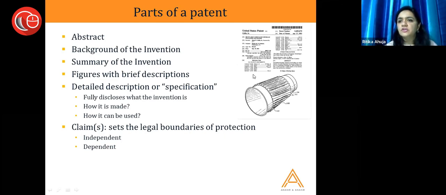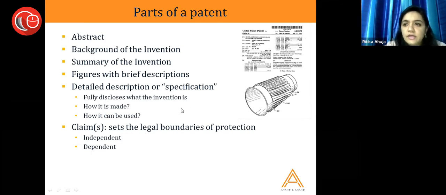All the major components associated with the invention are always labeled and figures are mentioned. Then we have the heading of brief description, where we briefly explain the invention and explain the figures. When we talk about the brief description of drawings, we talk about the figures.